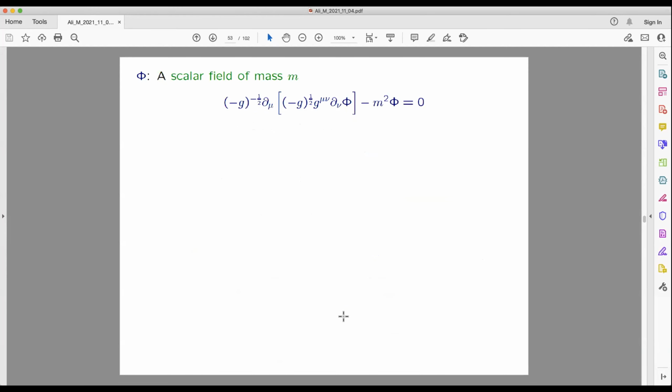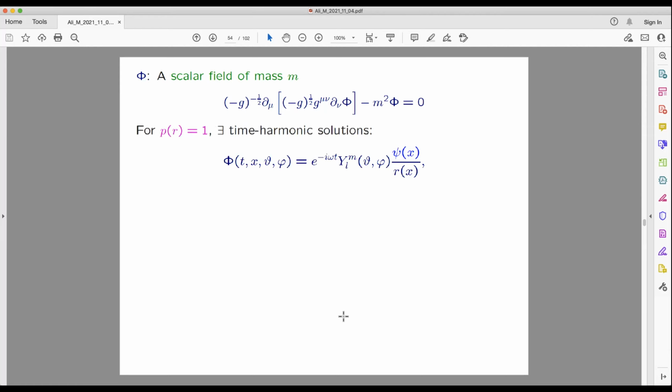We are interested in scattering or propagation of scalar waves through this space-time. This is a minimally coupled scalar field of mass m. It turns out that for this class, P of R equal to 1, these are sometimes called superstatic wormholes.